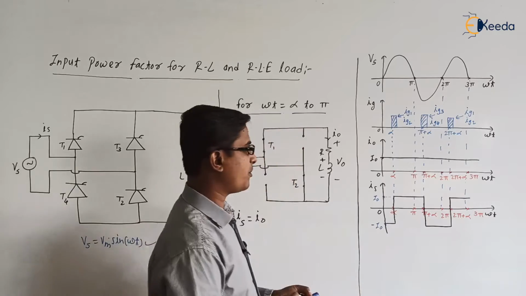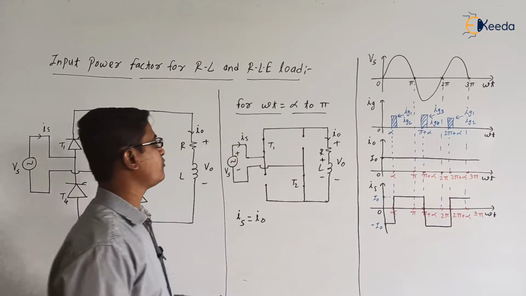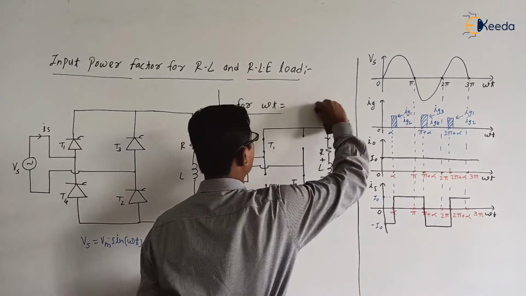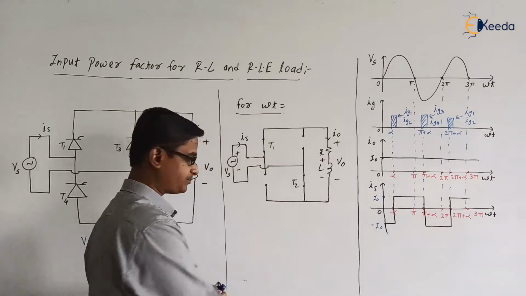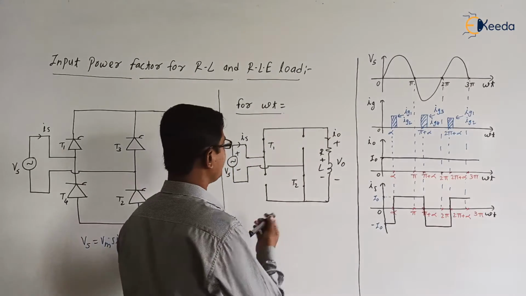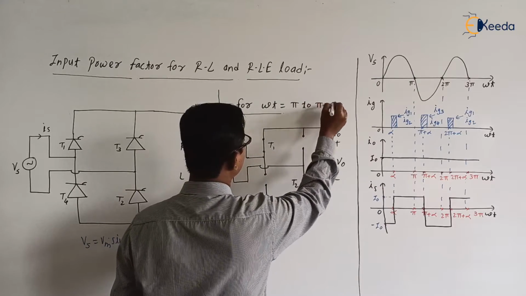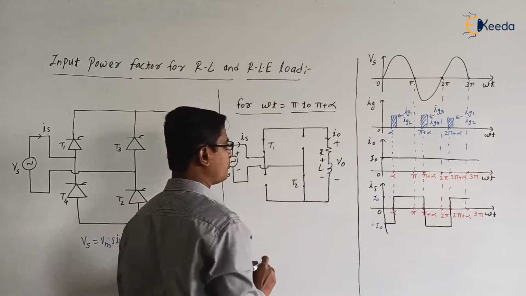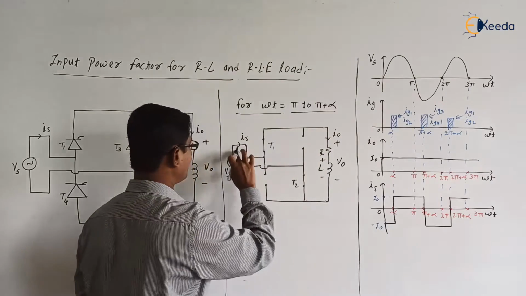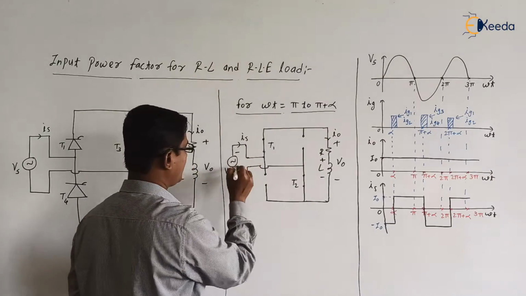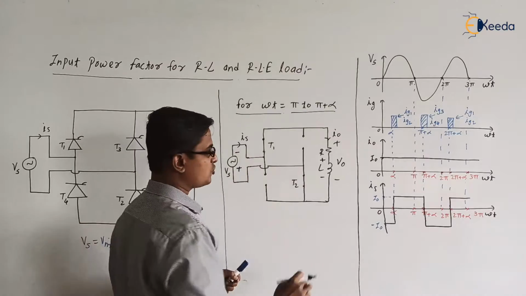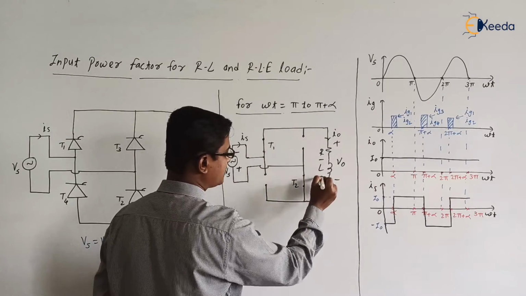Next, from pi to pi plus alpha, what will happen? For omega t equal to pi to pi plus alpha, the supply voltage is reversed, so it is minus here and plus here. The inductor releases the energy, minus here, plus here.